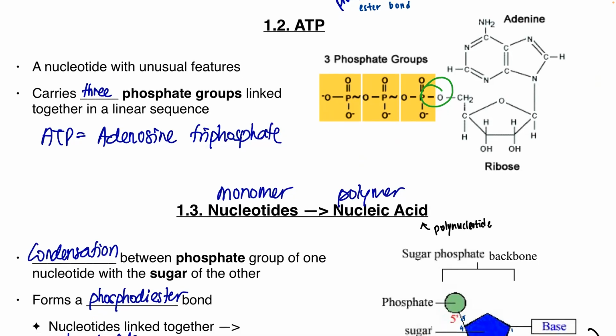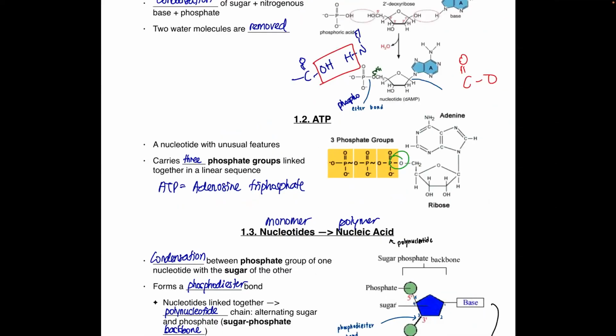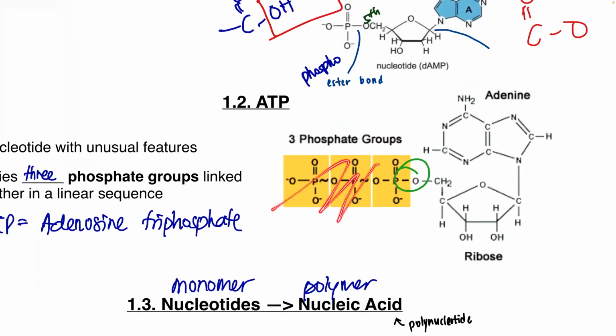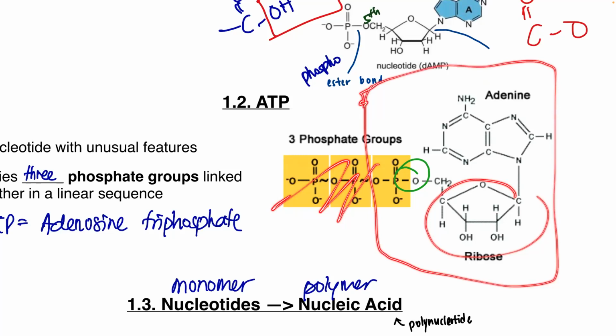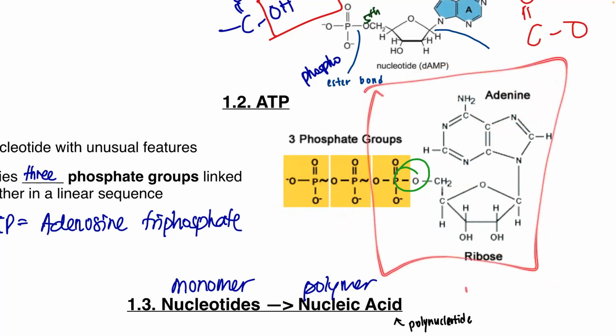It is unusual in the sense that it has free phosphate groups. Otherwise, if you ignore this, it is basically the same as the RNA nucleotide with nitrogenous base A, which we call adenosine.